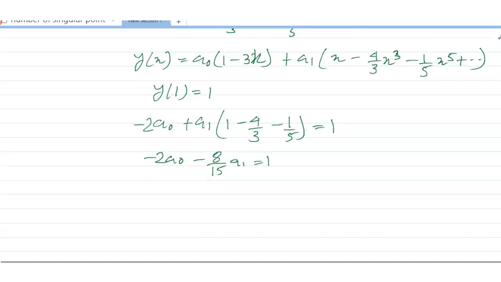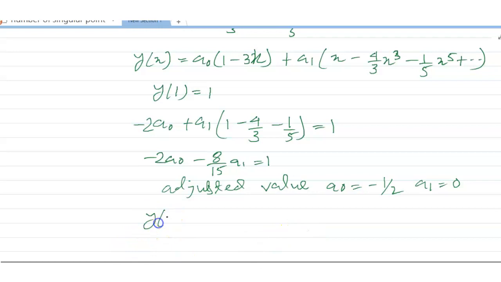This is one equation. So my adjusted values: a0 equals minus half and a1 equals 0.